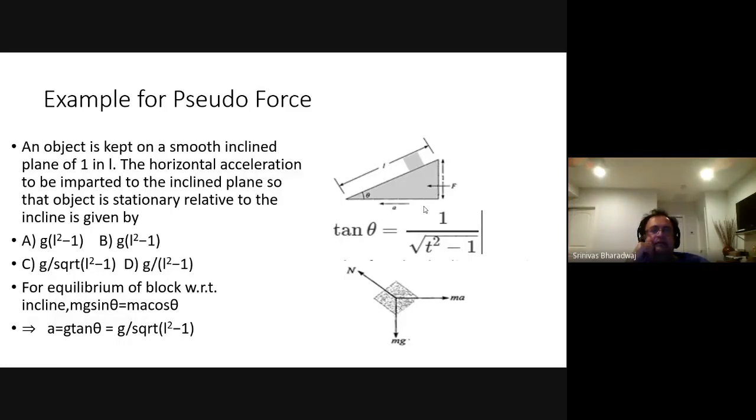And a is equal to g tan theta, and tan theta is 1 by square root of L square minus 1. So a equals g by square root of L square minus 1. Okay, so very clear, very simple, if you understand what you're doing when you have to deal with a non-inertial frame of reference.